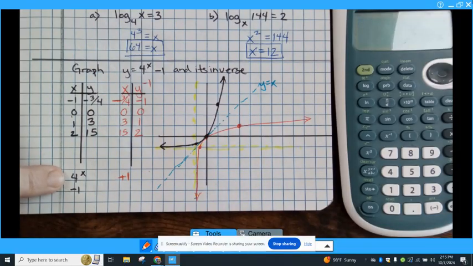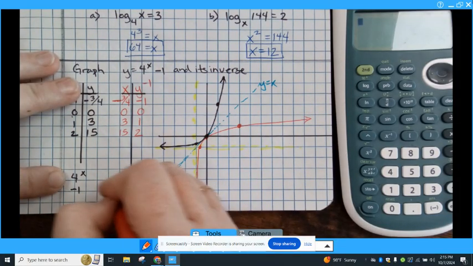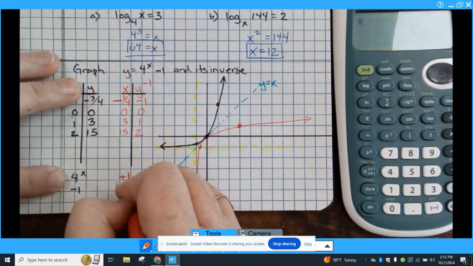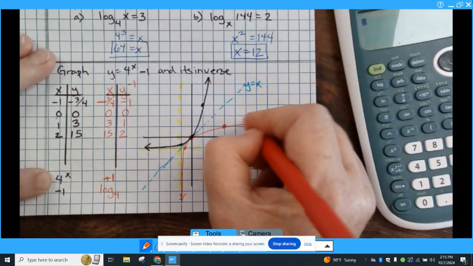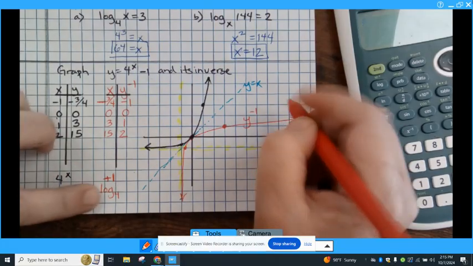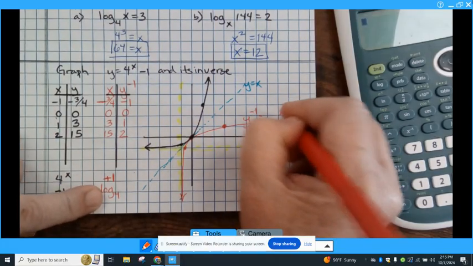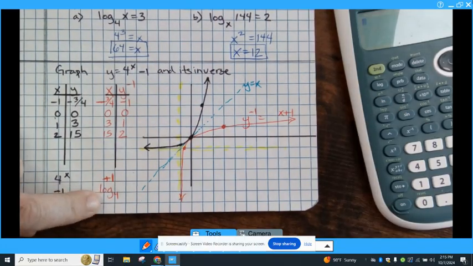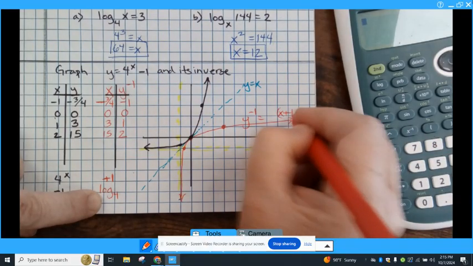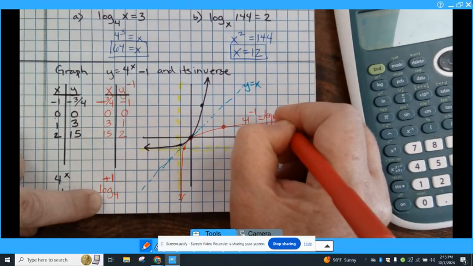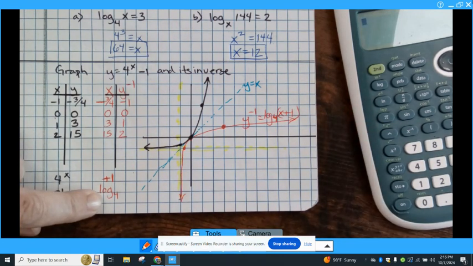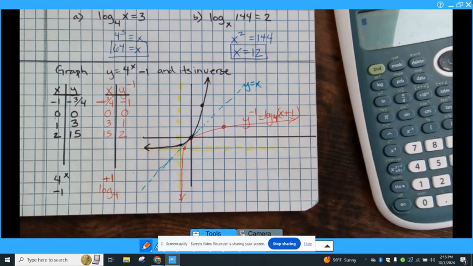And then the inverse of 4 to the x is log base 4. So the equation of our inverse would be x plus 1, add 1, and then we're going to log base 4 that. So I'm going to put it in parentheses and put log base 4. That is the equation of the inverse. Okay?